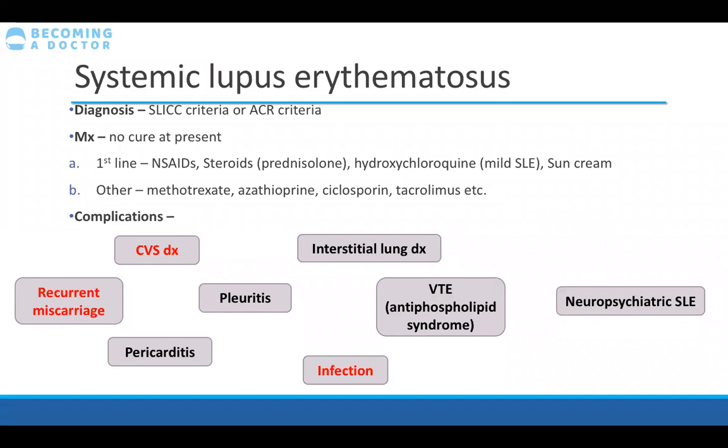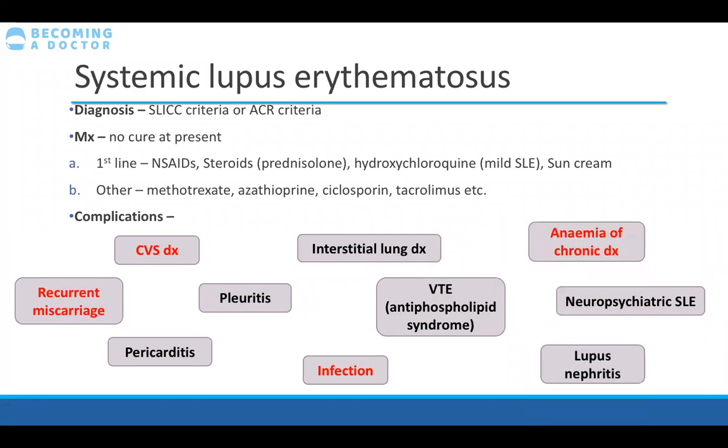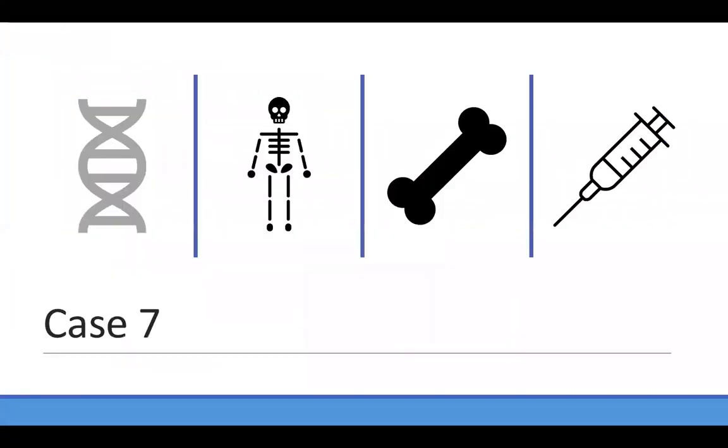Neuropsychiatric SLE, so they can have psychosis, and lupus nephritis, anemia of chronic disease. I tried to highlight the common ones in red, but what I was trying to represent is that the complications can be very wide-ranging, so you want to try and pick it up as early as possible.